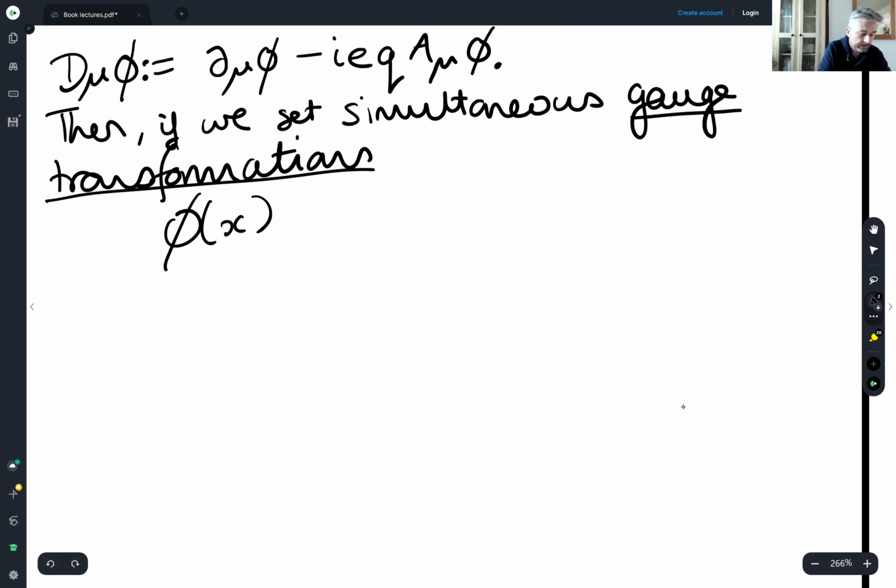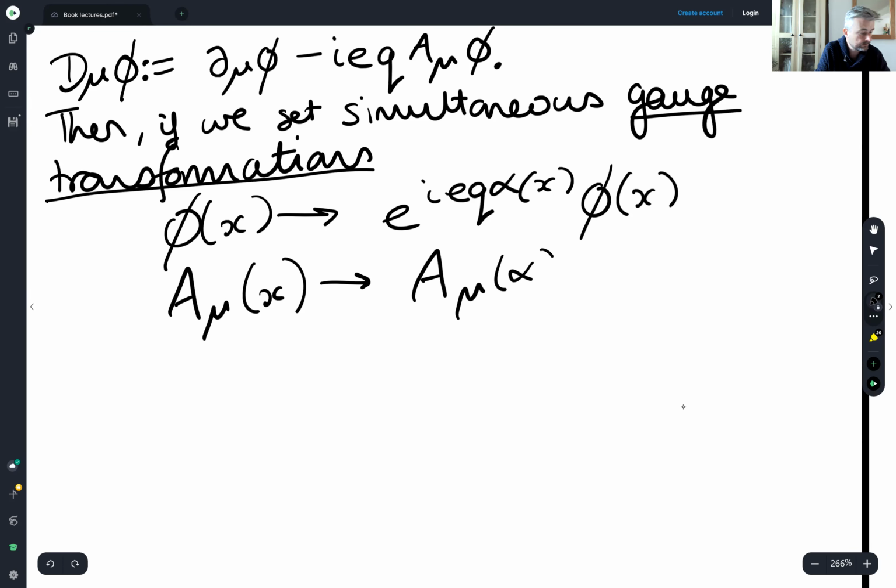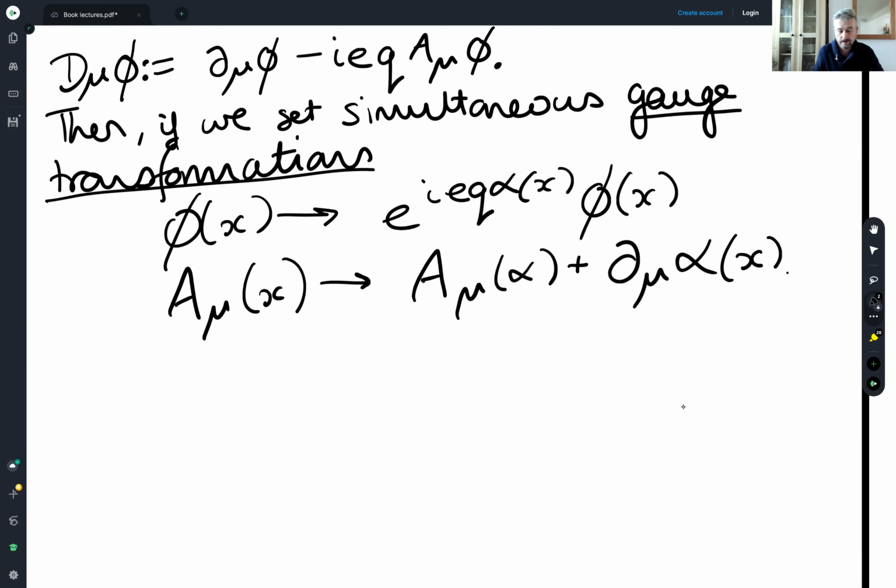So phi of x goes to the same thing that it did before, but at the same time as transforming phi of x, we transform this field A mu of x as well. And what we do is we add some partial derivative of alpha onto A mu of x. And the reason we do this is, of course, because it's possible to change our original Lagrangian into a form that's gauge invariant, that's invariant under these transformations.